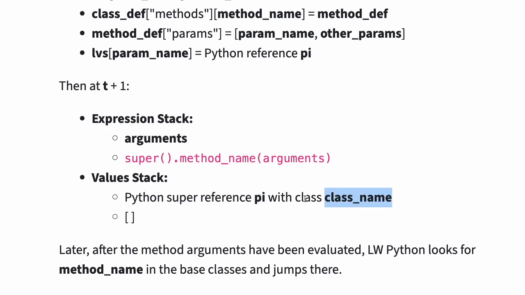Later, after the method arguments have been evaluated, LWPython looks for method name in the base classes and jumps there.